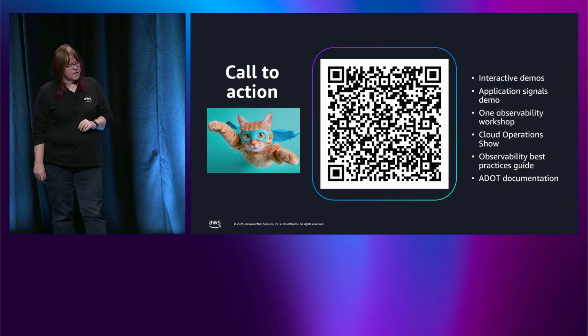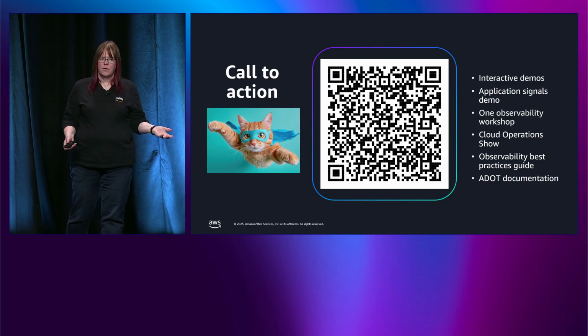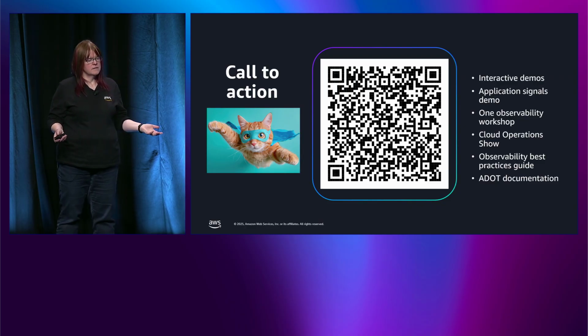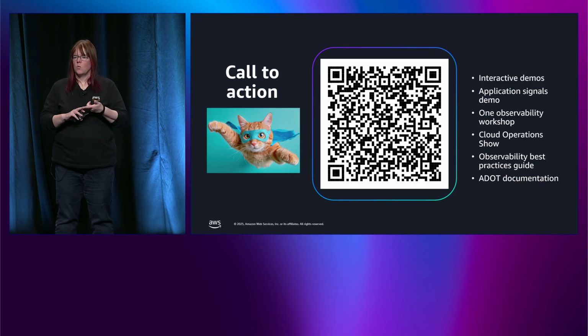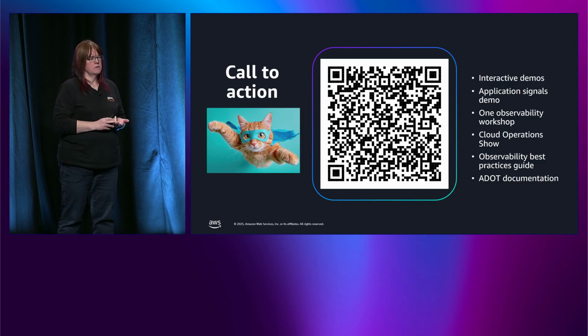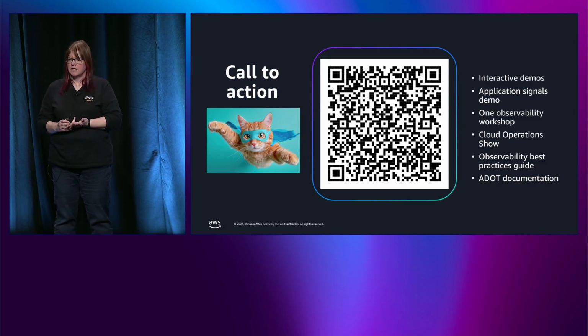So, this is over to you. Where do you want to go next? Behind this QR code, we have a number of resources. Whether you are interested in reading, whether you like watching, or whether you like hands-on, there's some great resources here.